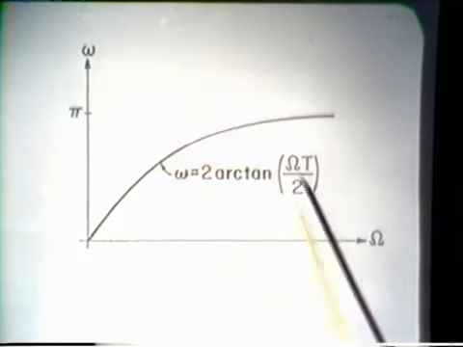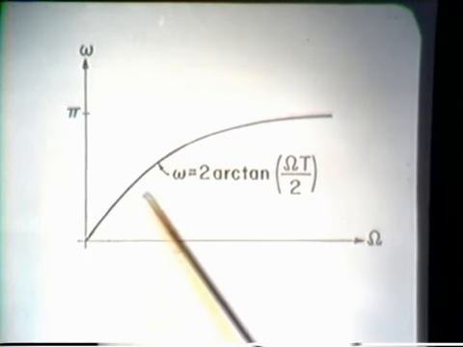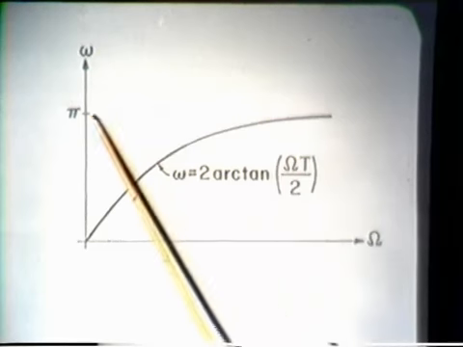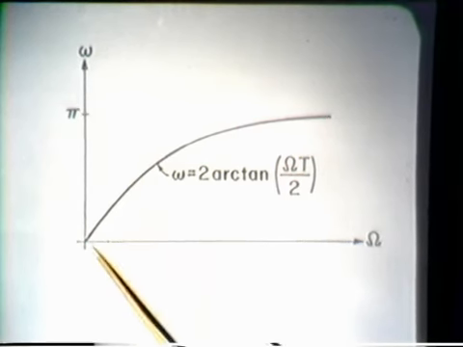This is digital frequency. Here's analog frequency. And this curve, of course, goes out to infinity in capital omega and asymptotically approaches pi as it does that in little omega. That says that the top half of the j omega axis gets mapped to the upper half of the unit circle.